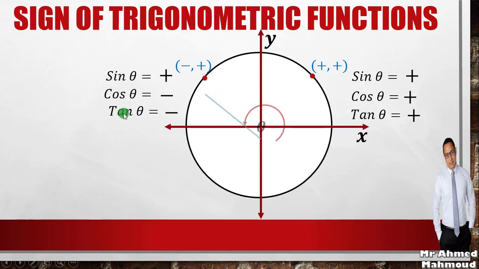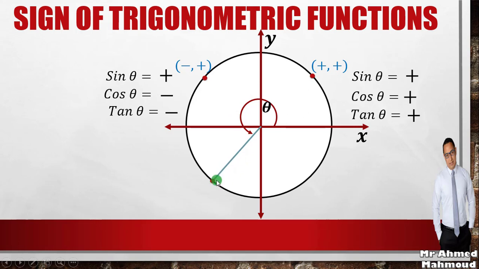Okay, in the third quadrant, I'm going to draw a point and an angle from the standard position like this. You see the angle comes from the positive direction of the x-axis, and its terminal side belongs to the third quadrant.